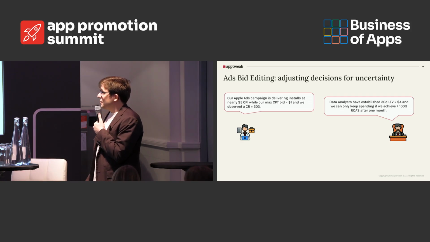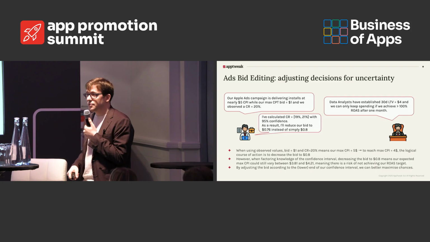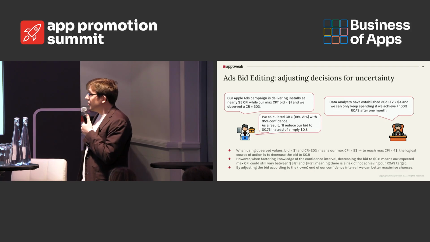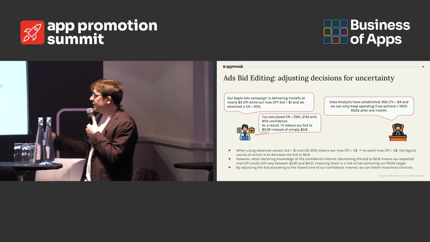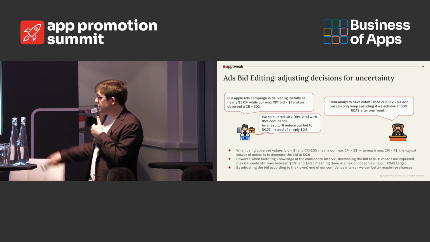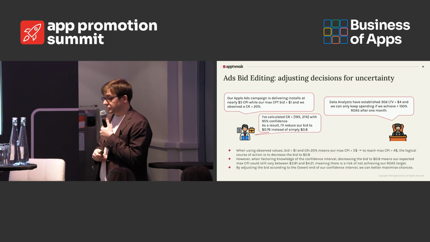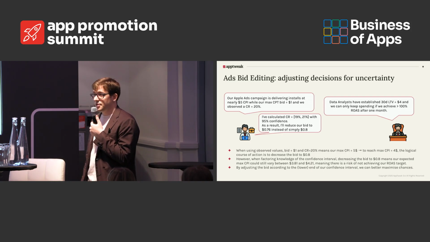If I start with the regular math, 20%, I need to reach $4 cost per install. I would decrease my bid to $0.8. Problem is, if I look at my confidence interval, and I find the conversion rate is actually between 19 and 21%, I still have a scenario in which if I bid $0.8, I can end up spending up to $4.21 if we go to the worst case of our confidence interval.